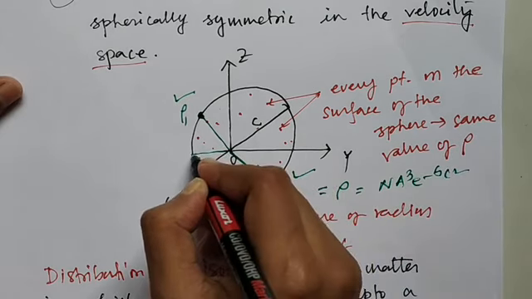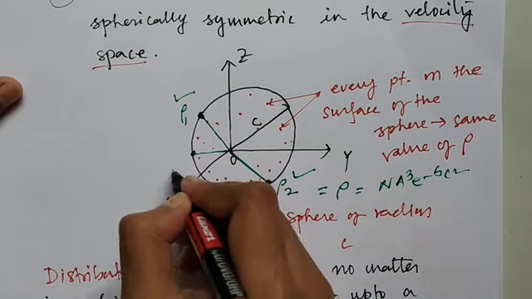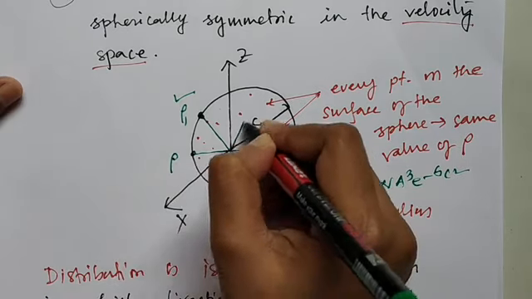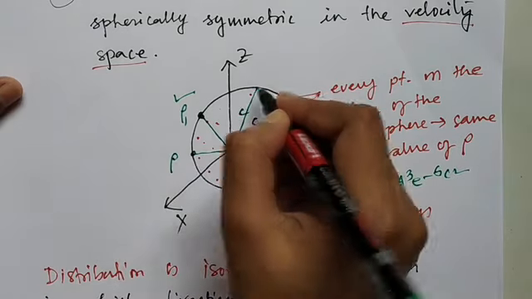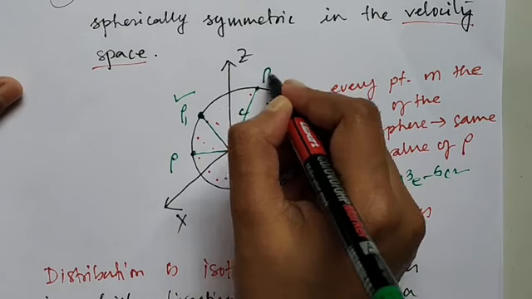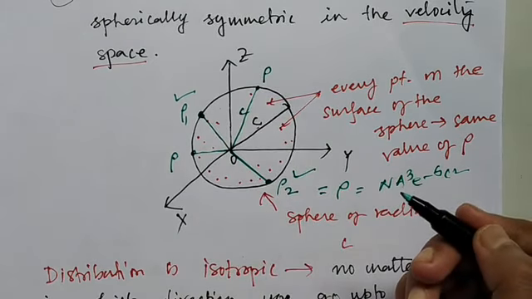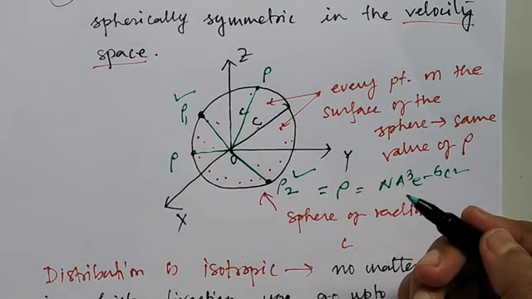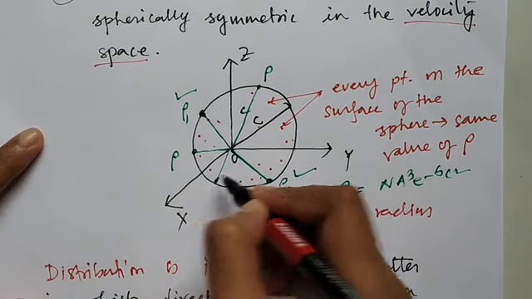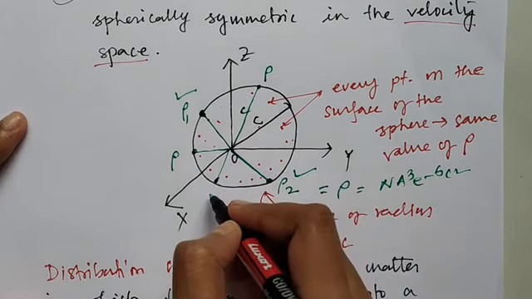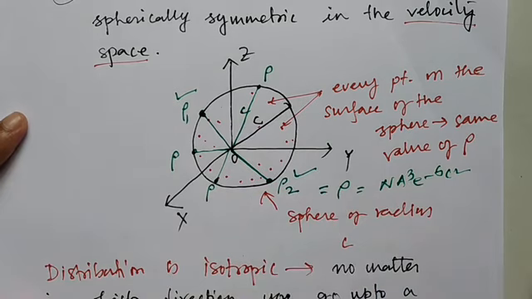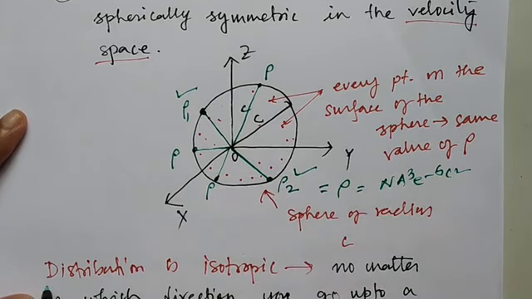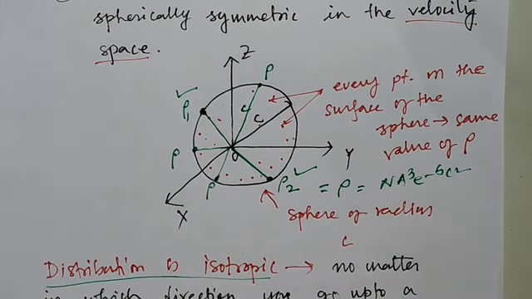If you go in this direction, you will find that over here also the number density is rho. If you go in this direction up to a magnitude of c, here also you will find that the number density is rho. It means that no matter in which direction you measure the physical property, the number density of a gaseous system in velocity space, it will have the same value in every direction. That's why the distribution is isotropic.